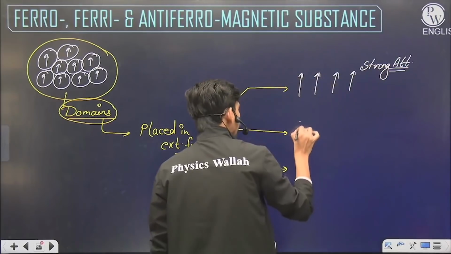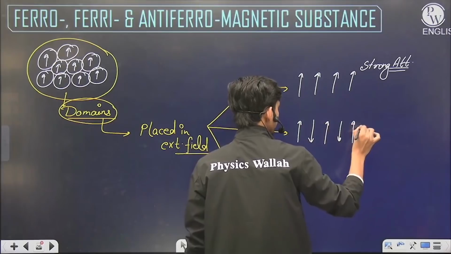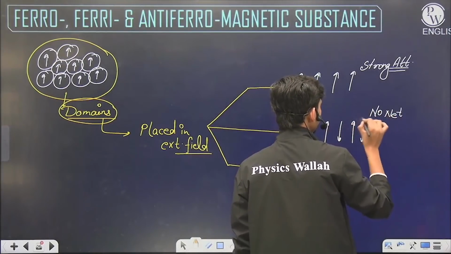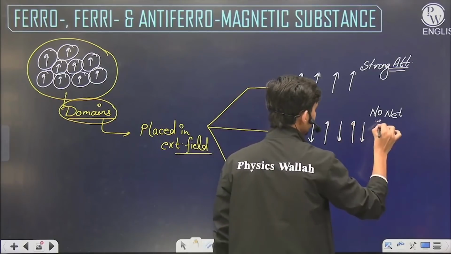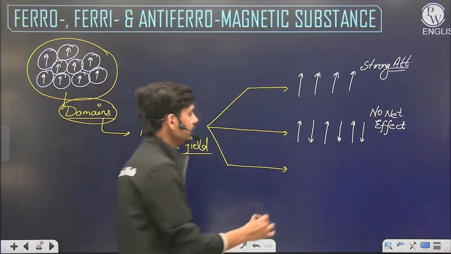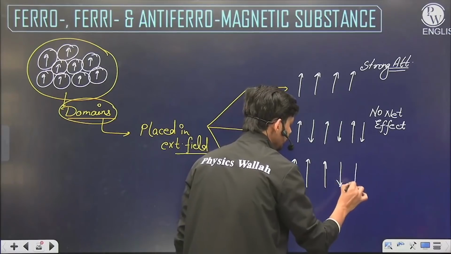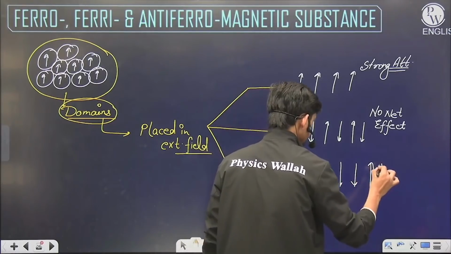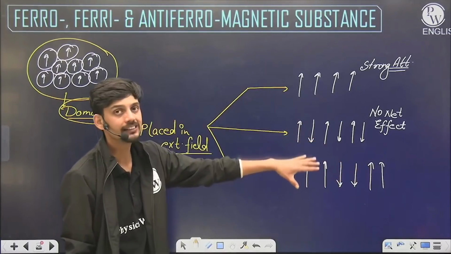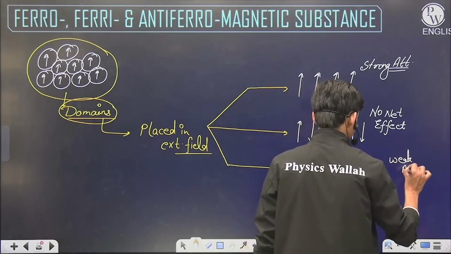Second case is that an equal amount of domains are parallel and anti-parallel. So this has no net effect because each domain is cancelled out by its paired domain. And the third thing that occurs is that some of the domains are parallel and some of the domains, which are fewer in number, are anti-parallel. So some of the anti-parallel cancel out the parallel, but some of the parallel domains are left out. So they also show weak attraction.